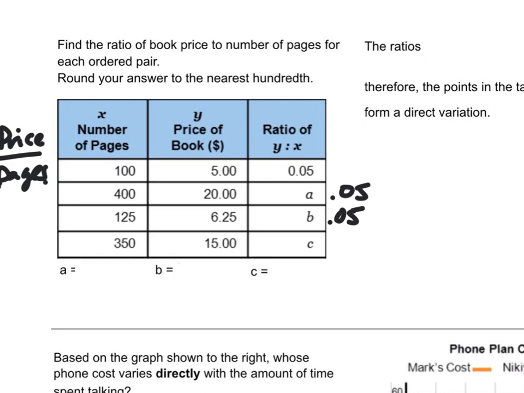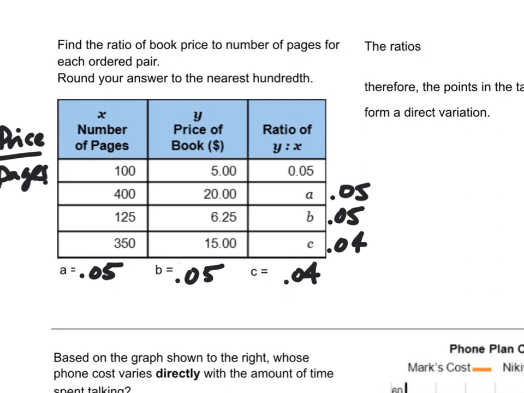If I take $15 and divide that by 350, you get about, and it says round to the nearest hundredth, so that's 2 decimal places, 0.04. And that's the cost per page. So A is 0.05, B is 0.05, and C is 0.04.